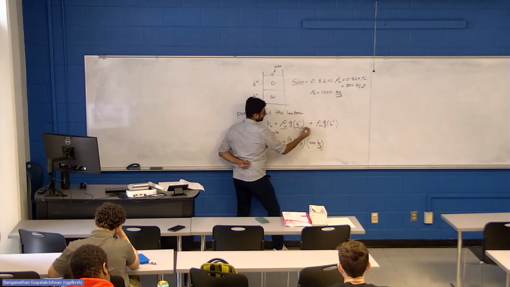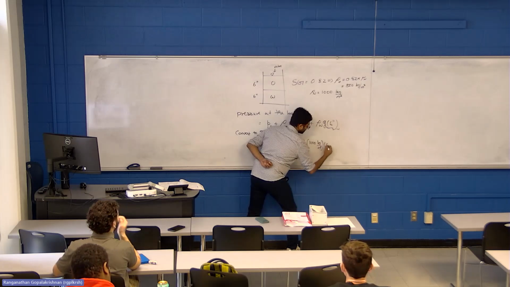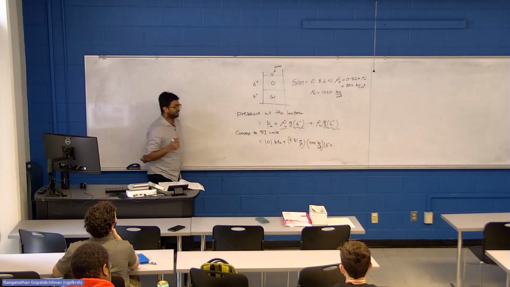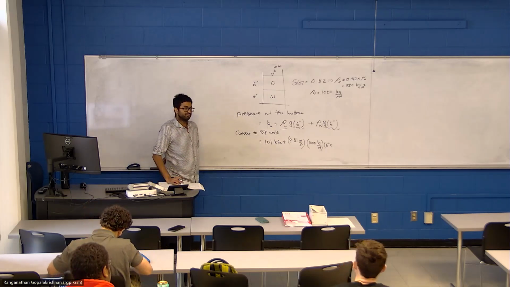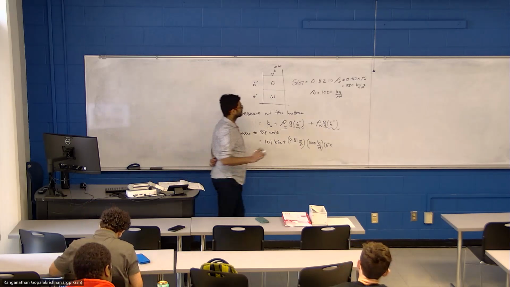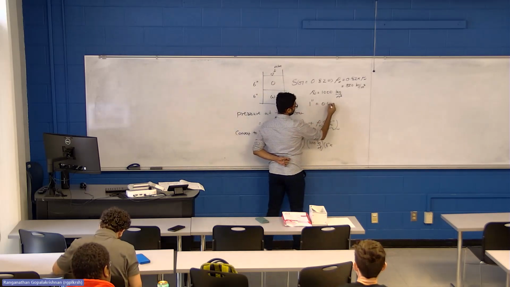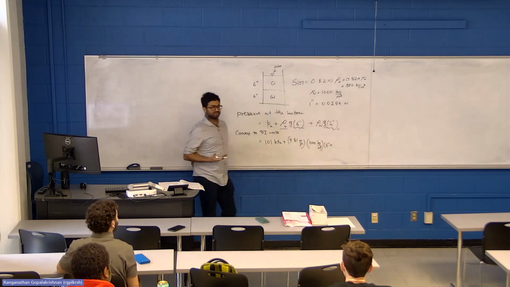It just happens that 6 inches is a common value here. So I'll write 6 inches multiplied by how many meters make an inch. 1 inch is equal to 0.0254 meters. How do I know this? I just know this.